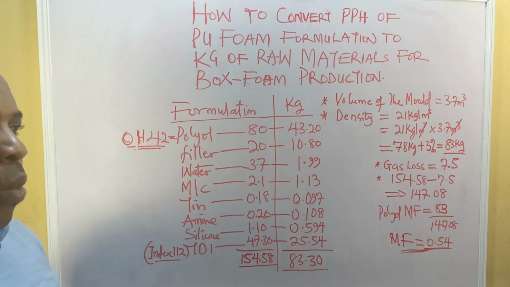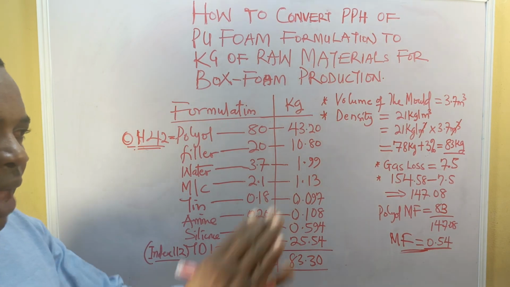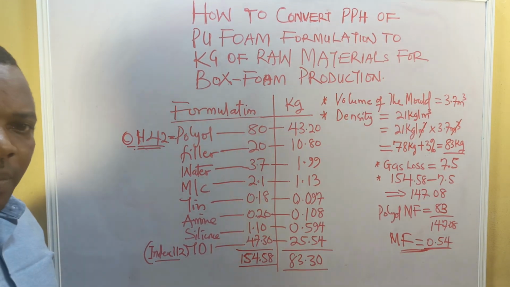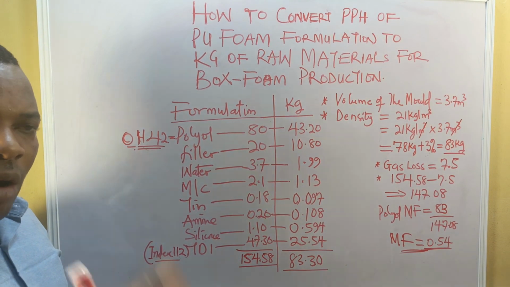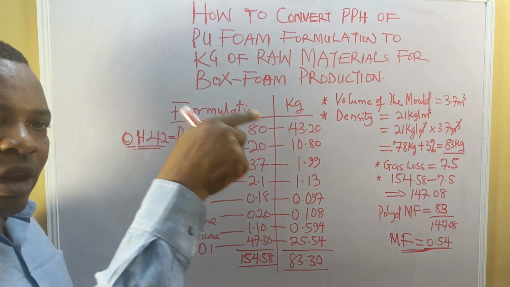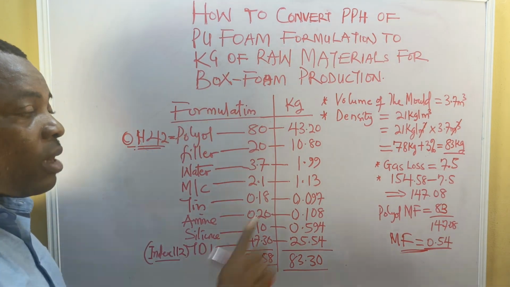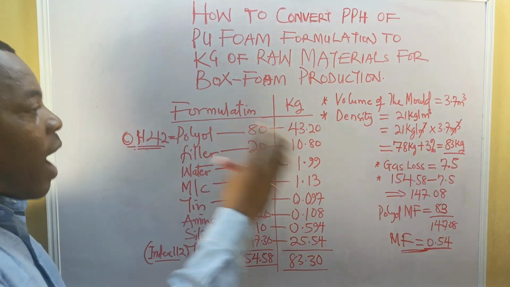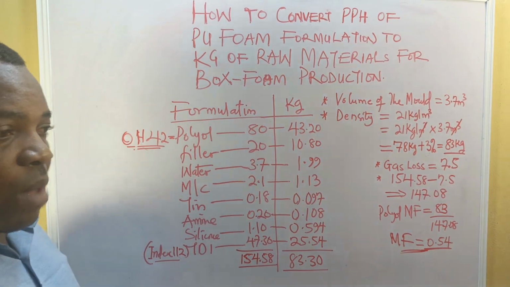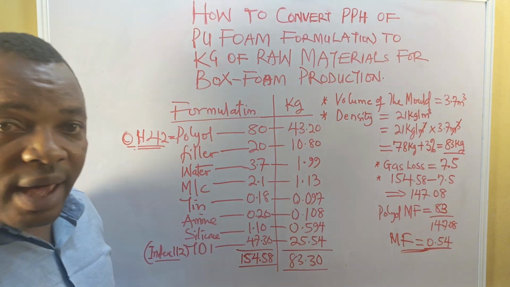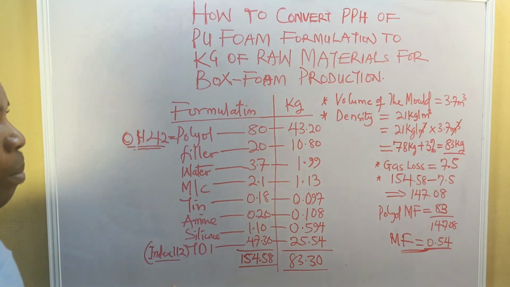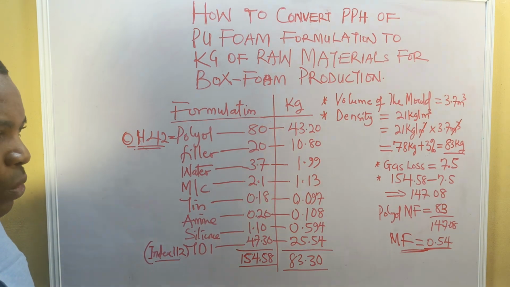So when your foam dries, you open it, take the whole block, put it on a weighing balance, and get the kg. The unit cost per kg multiplied by the weight of that foam will give you the total cost of that foam or block. Then you add whatever you have, maybe the administrative charges or overhead, and you now have the total cost. So this is how box foam is costed.